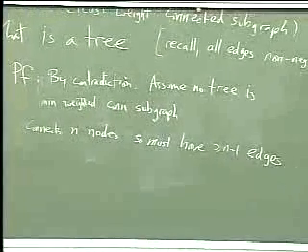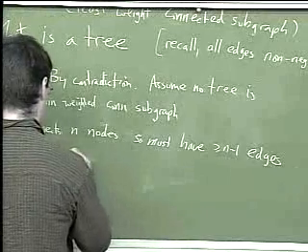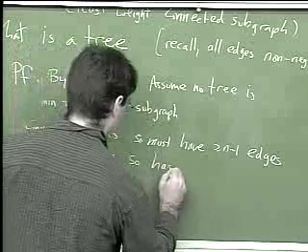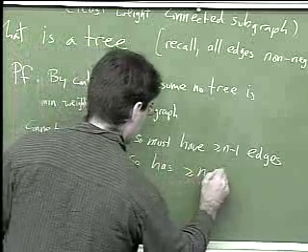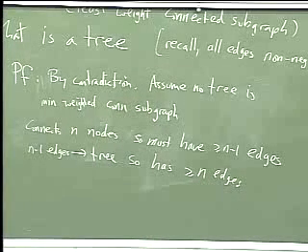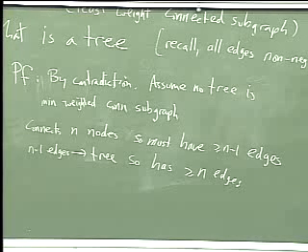And if it had n minus 1 edges, it would be a tree. So it has greater than or equal to n edges. Right, and now you use your argument. This graph will contain a cycle, right? And so you can remove an edge in that cycle, and the graph will still be connected.